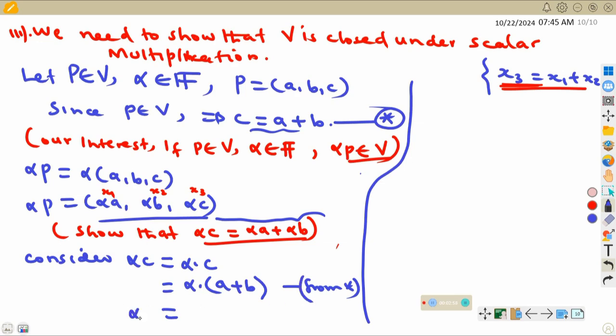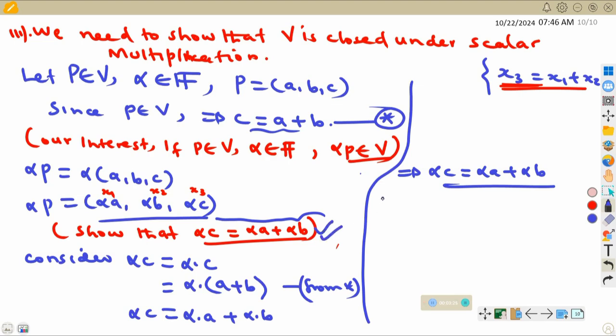So alpha C is equal to alpha times C, but C from equation star we got as A plus B. So I can expand this. This is alpha times A plus alpha times B. So clearly this implies that alpha C is the same as alpha A plus alpha B. When you look at this and what you needed to prove, the two are the same.